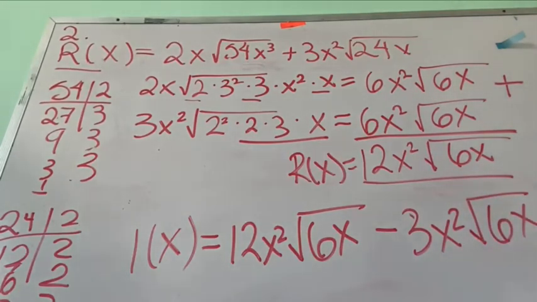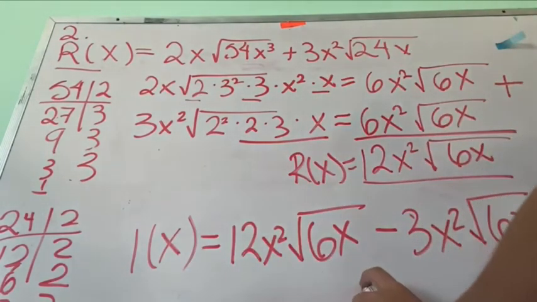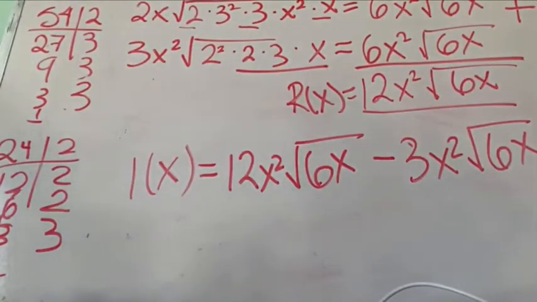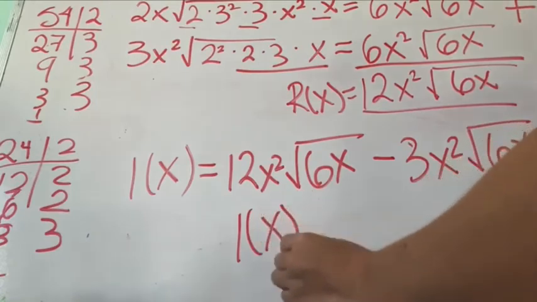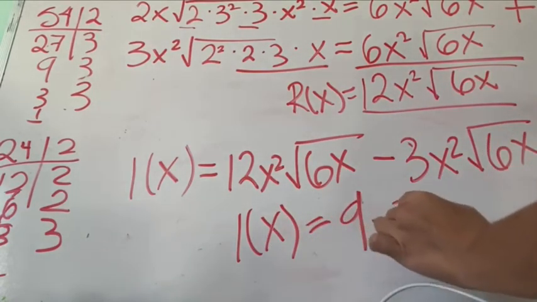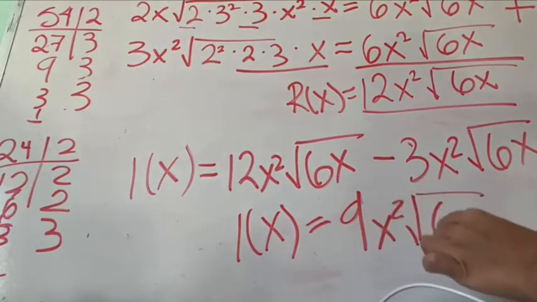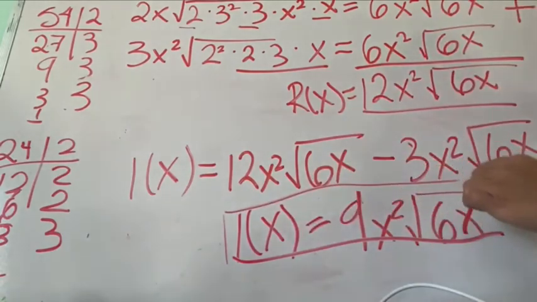And when we subtract those, we get the income. So we get that the income is 9x squared square root of 6x. And this is our result for the 2.1.